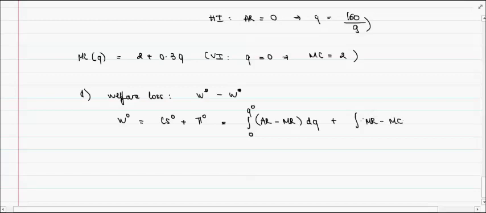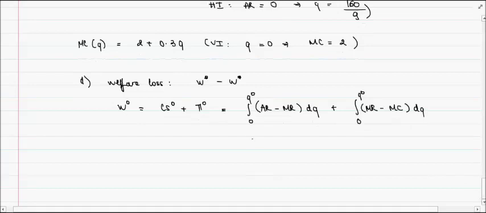So the difference between marginal revenue and marginal cost under the integral in the interval from 0 to q0. Okay, so this is the total welfare under the socially optimal level.